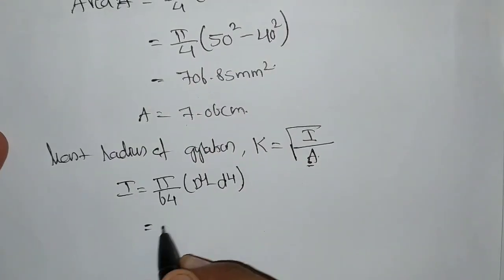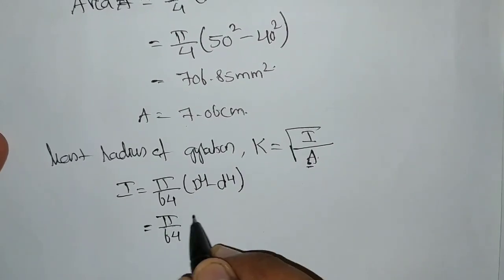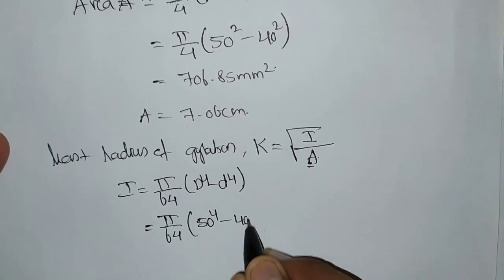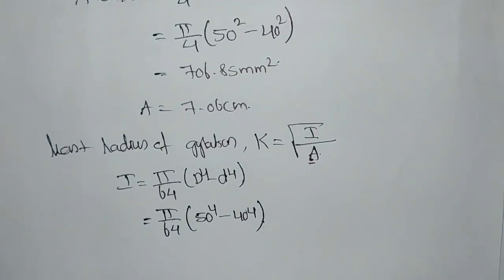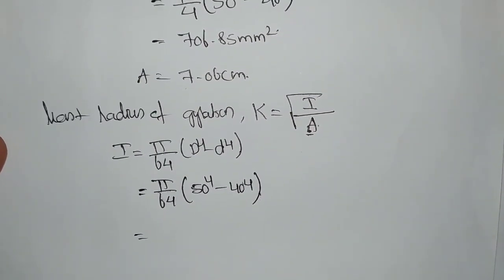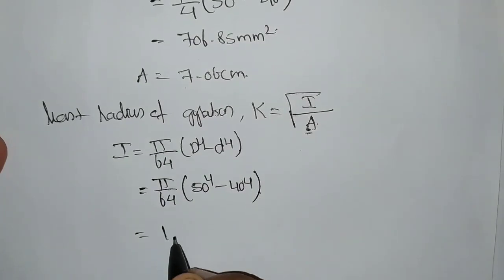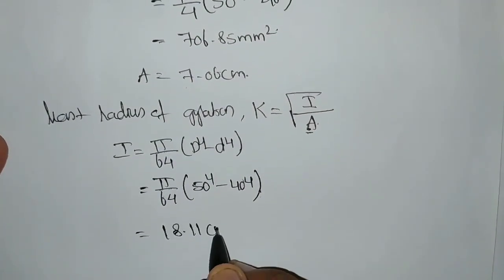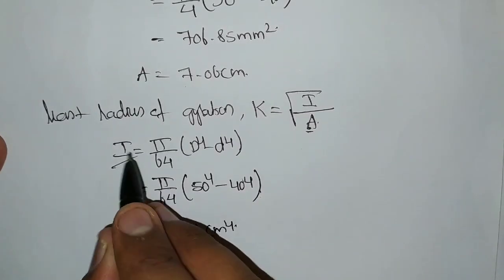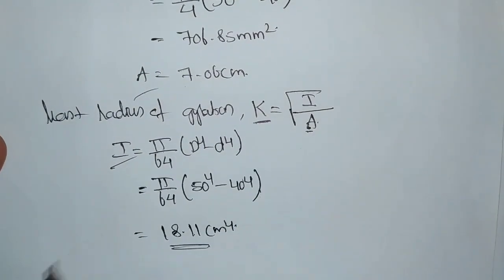We know the values, just substitute them. Pi by 64 of capital D is given as 50 power 4 minus 40 power 4. If we solve this, in centimeters we will get 18.11 centimeter power 4. So the value of I we have found. Now the value of K we can get.